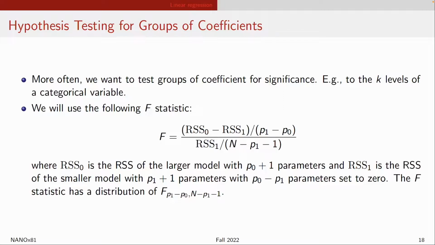If those correspond to k levels, very often you want to know whether that whole set of k variables is actually significant. For that, you need to use an F statistic, and here that F statistic is computed using your residual sum of squares with and without your k levels included. Okay, so this is just for background information. We are not going to do this too much in this particular class.